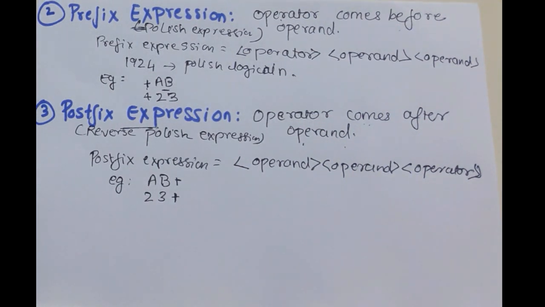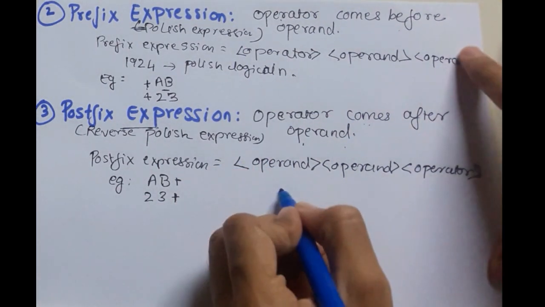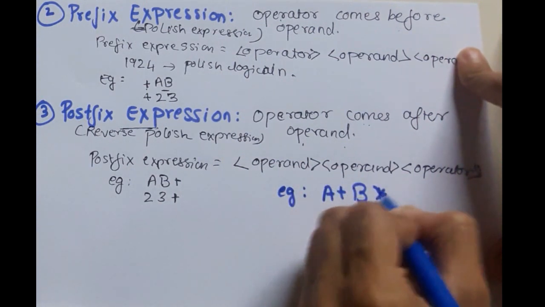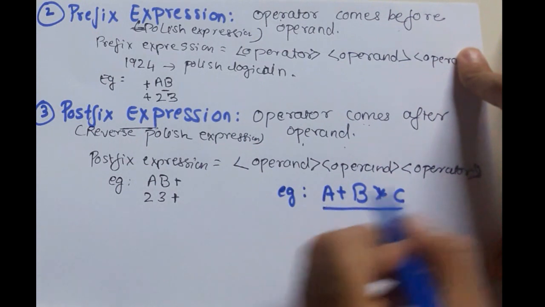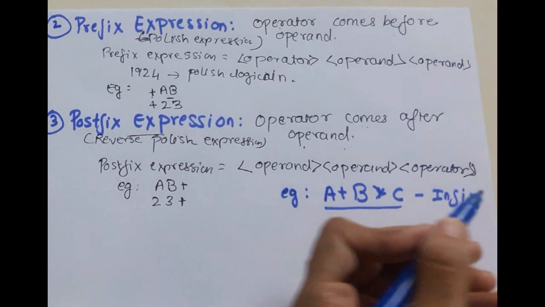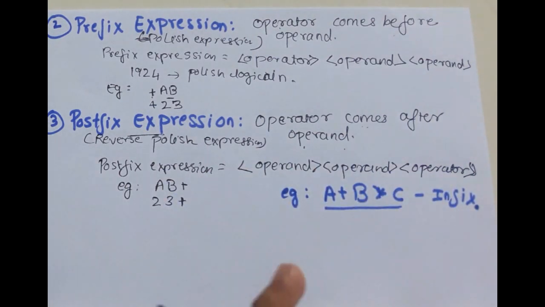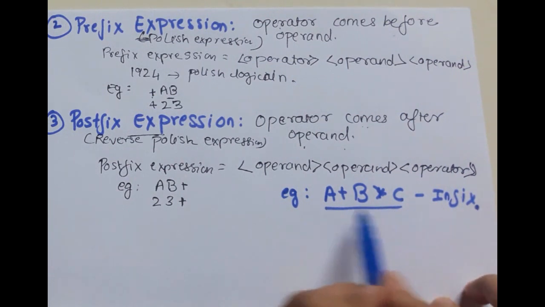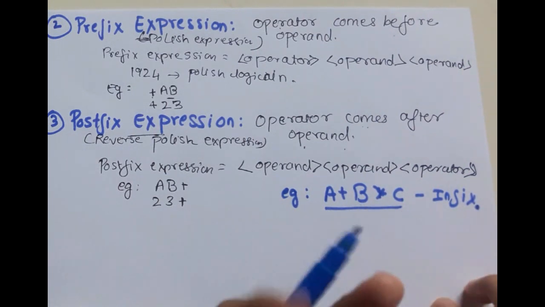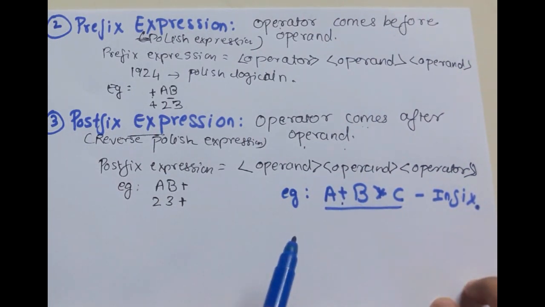For this, let us consider an example: A plus B into C. So this is an infix expression. We'll convert it into prefix expression. Okay. So by using operator precedence rule, we know first multiplication will be performed. B and C multiplication will be performed first and then addition will be performed.